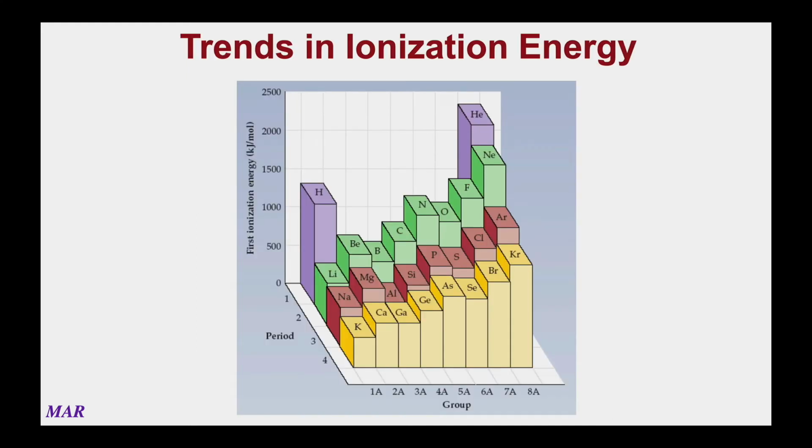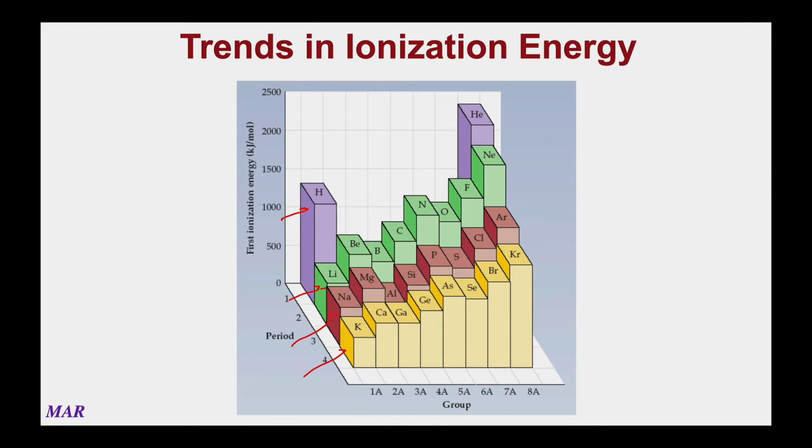This graph shows trends in the ionization energy, and technically it's the first ionization energy, i.e. how much energy it takes to remove one electron. Hydrogen, you can see, is the purple box right there, and it's pretty high. Lithium is a lot easier to remove an electron from, sodium is easier yet, and potassium is easier still. If you look at this ugly graph long enough, we end up seeing two things.